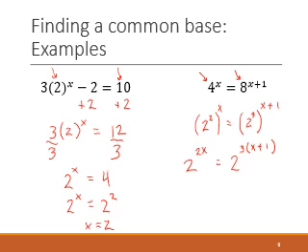Okay, well, now we've got our common base, which means now we can just look at the exponents. 2x has to equal 3 times x plus 1. If it was up to me, I would distribute the 3, so that's 3x plus 3.